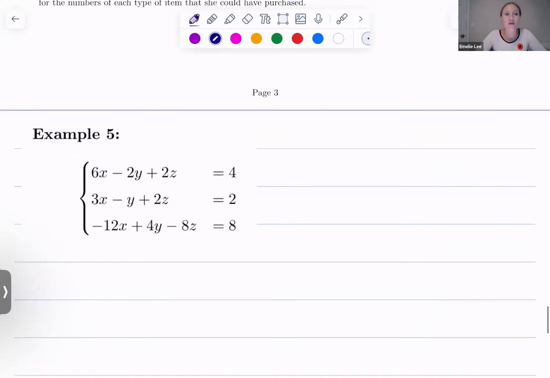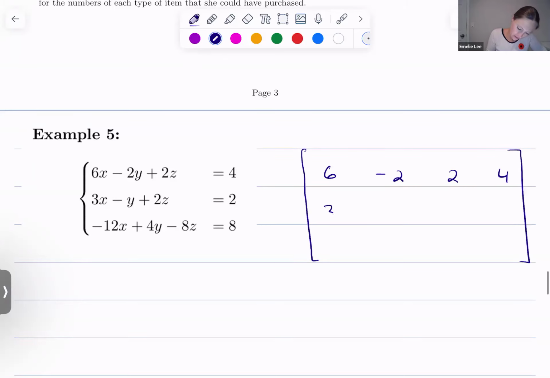First, we write this thing out as a matrix. I'll do it up here, why not? 6, -2, 2, and 4. 3, -1, 2, and 2. And let me just double check here. -12, 4, -8, and 8.